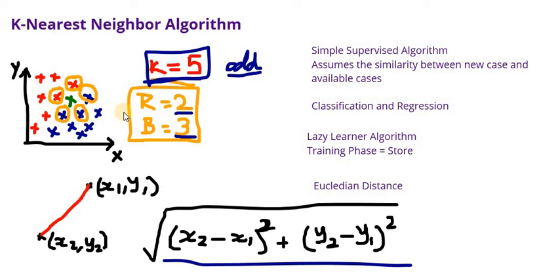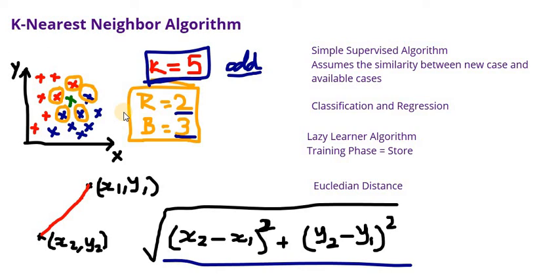What are the advantages? One is that it is very simple to do, and it is robust to noisy training data. As you are going to use distance and so on, it is very easy for you to do, and it is more effective when the data is large.